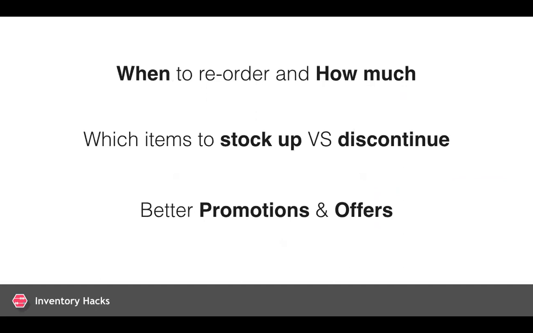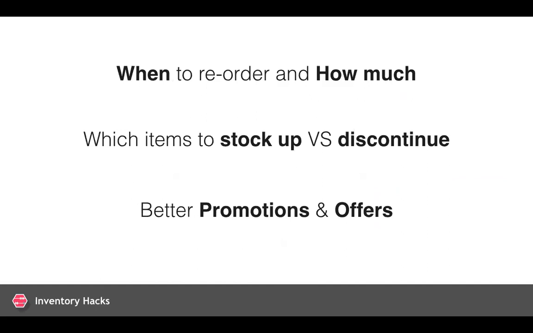The second thing we wanted to figure out was which products we needed to stock up on and which we needed to discontinue. And 3, we wanted to have better promotions and offers in our stores. And I'm going to show you exactly how we do this.